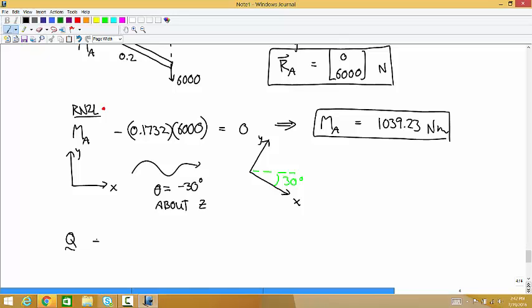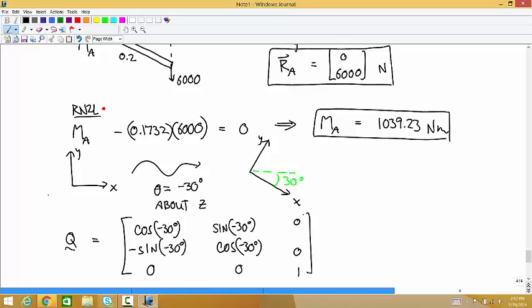And so the rotation matrix is just cosine of negative 30, sine of negative 30, negative sine of negative 30, cosine of negative 30, and then like that. And so you get 0.866, negative 0.50, positive 0.5, 0.866, 0, 0, 0, 1.